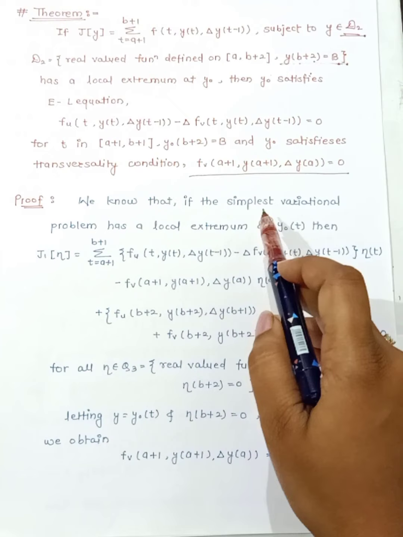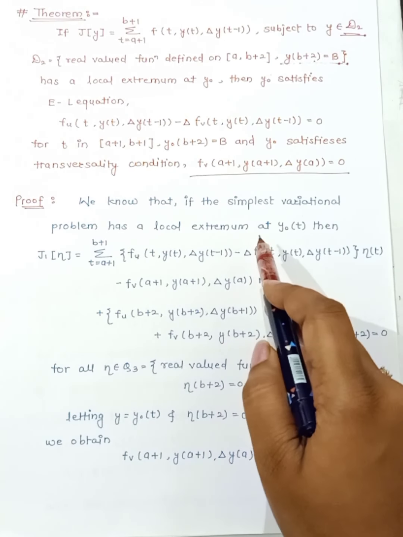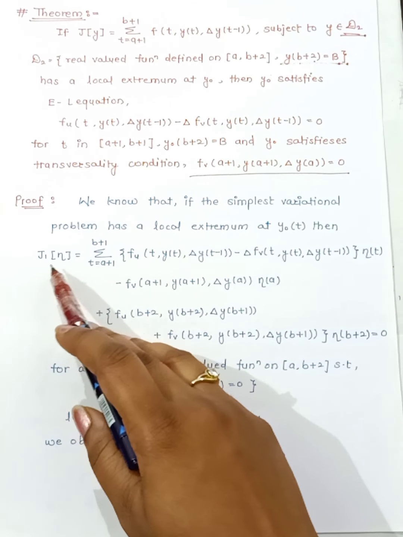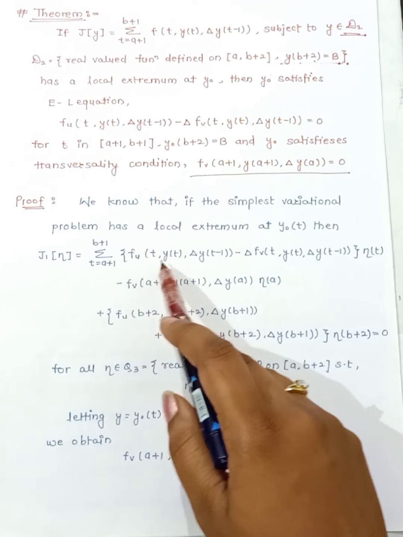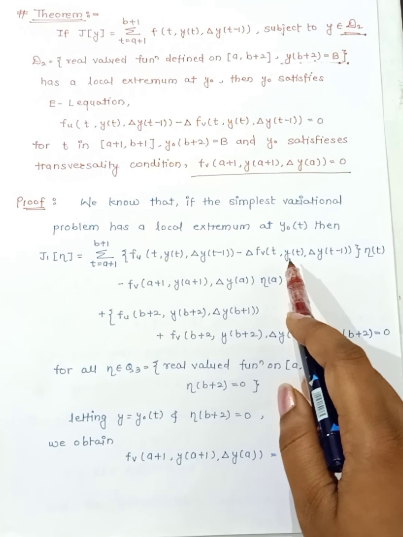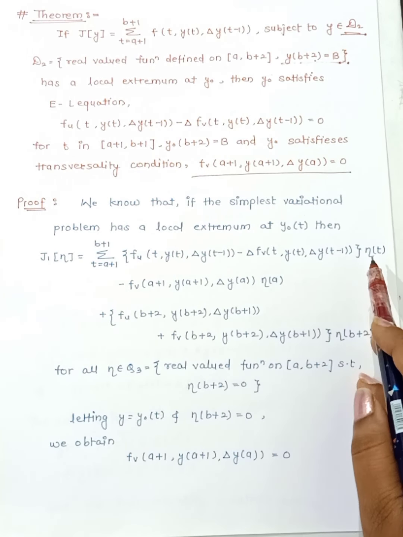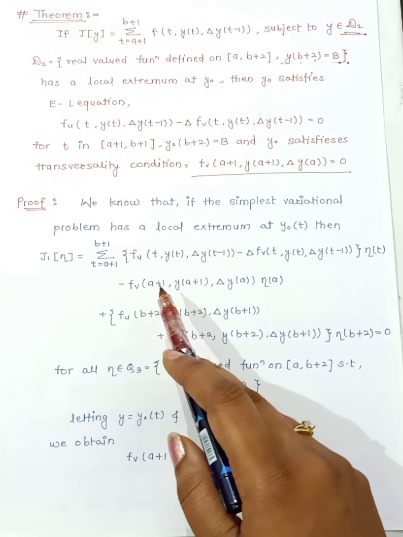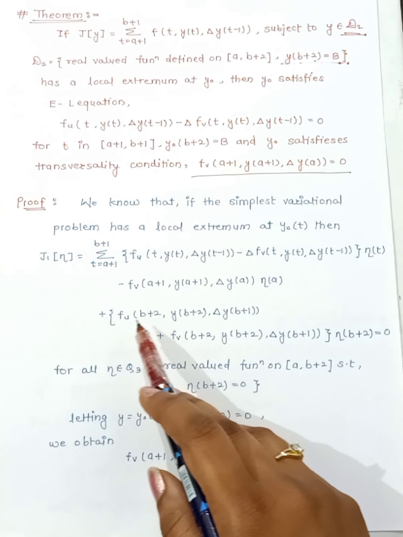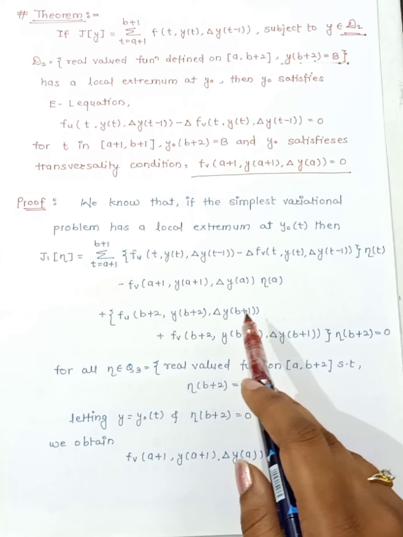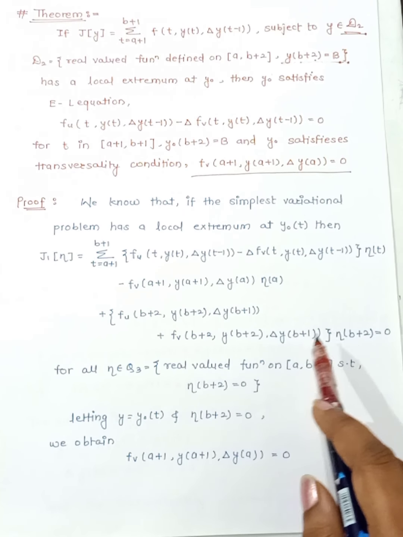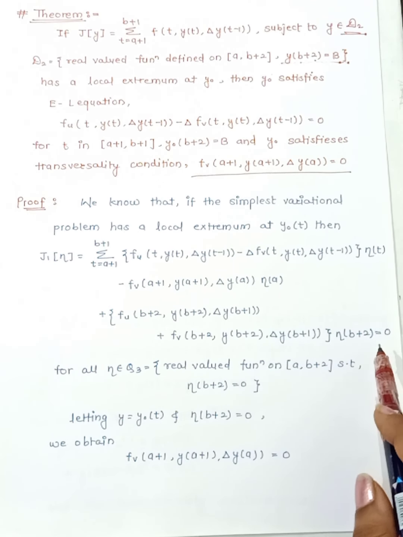We know that if the simplest variational problem has a local extremum at y0(t), then J1(η) = Σ [f_u(t, y(t), Δy(t-1)) - Δ(f_v(t, y(t), Δy(t-1)))] η(t) - f_v(a+1, y(a+1), Δy(a)) η(a) + f_u(b+2, y(b+2), Δy(b+1)) + f_v(b+2, y(b+2), Δy(b+1)) η(b+2) = 0.